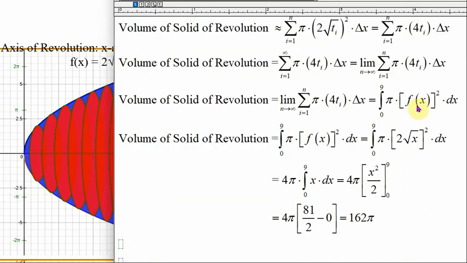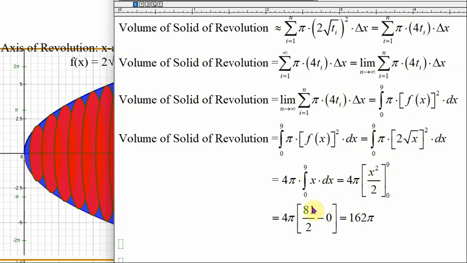And f of x is 2 times the square root of x, and 2 times the square root of x, squared, is just 4x. The 4 pi we can move and place in front of the integral. The integral of x is x squared over 2, evaluated from 0 to 9.